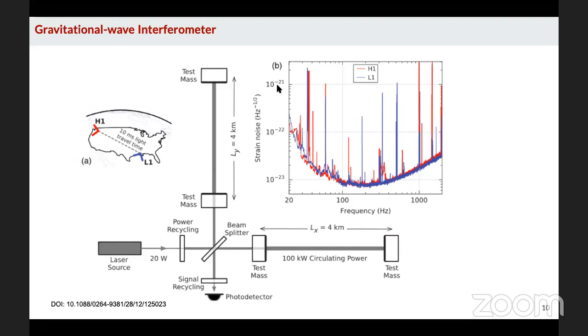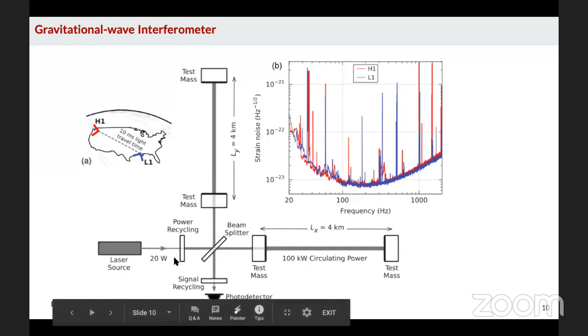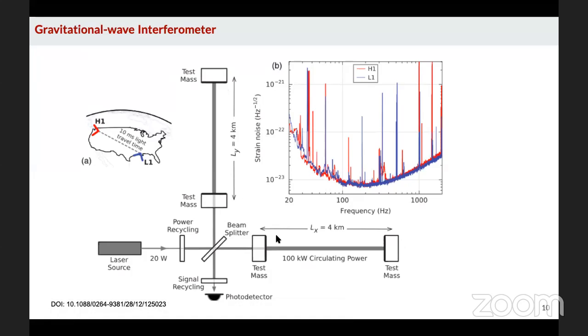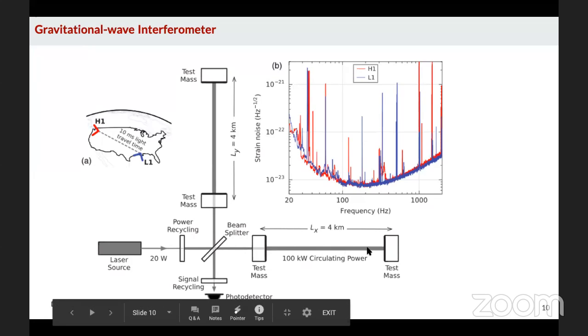To understand a change in length this small, we need a very highly sensitive instrument, and the most sensitive instrument you can build is an interferometer, because we keep the arm lengths constant, and if a gravitational wave passes by, it stretches and squeezes the space around it.